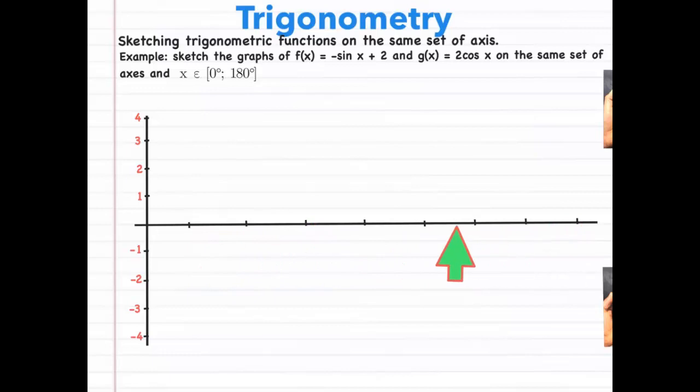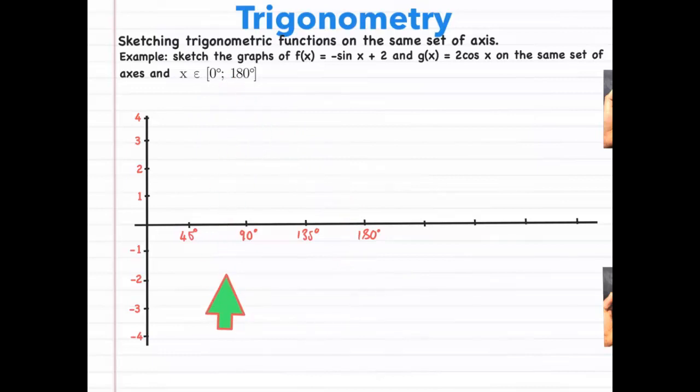Then we will make use of this first line there, which will be our 45 degrees, and the next one will be 90. Then we will have 135, and the last one will be 180. Please remember, we are only going to draw half of the function, because they only want us to draw it from 0 to 180.